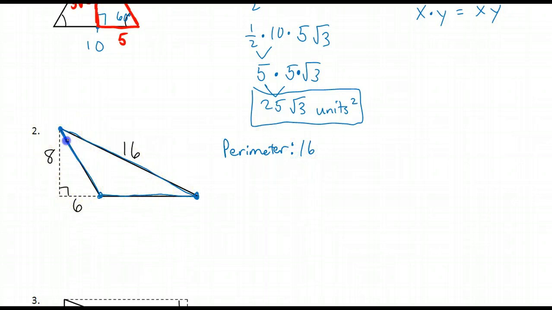To figure out this length, if I look, it's the hypotenuse of this right triangle. I'm just going to call this side right here x. So to figure out x, I need to take 8 squared plus 6 squared and set it equal to x squared.